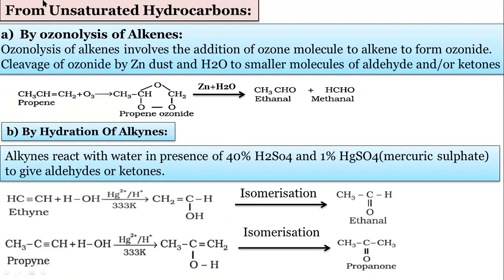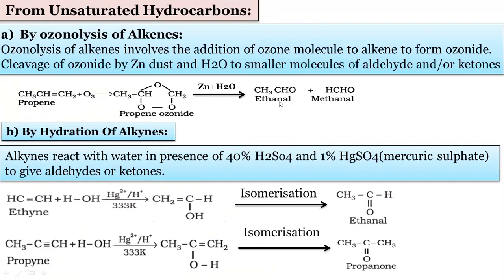Then from unsaturated hydrocarbons. In 11th standard you already studied what is meant by unsaturated hydrocarbons: alkenes, alkynes. These are unsaturated hydrocarbons. They contain a carbon-carbon double bond. This reaction, ozonolysis of alkenes and ozonide preparation, was already completed in 11th standard. Propene on ozonolysis gives a temple-like structure, propene ozonide. Again, this ozonide is broken by using zinc dust and water.